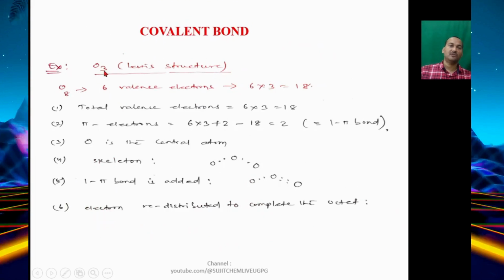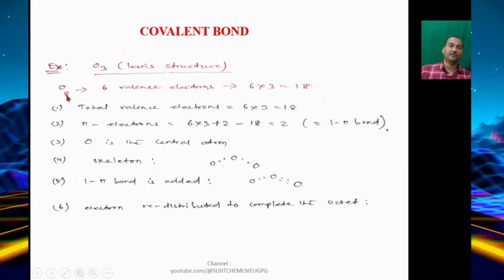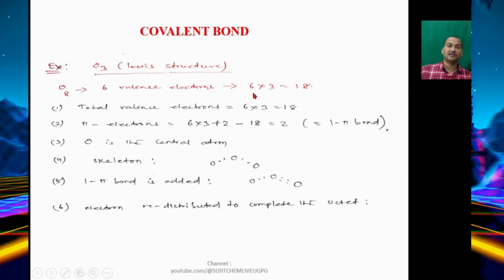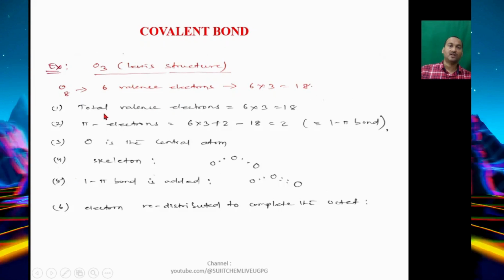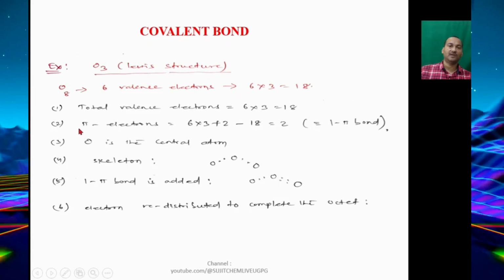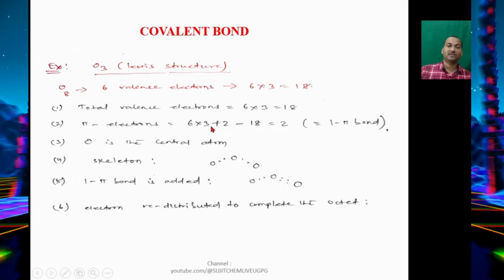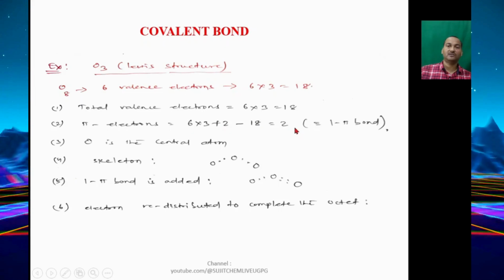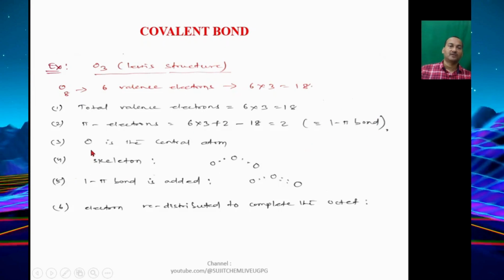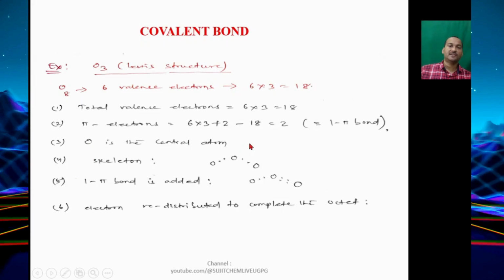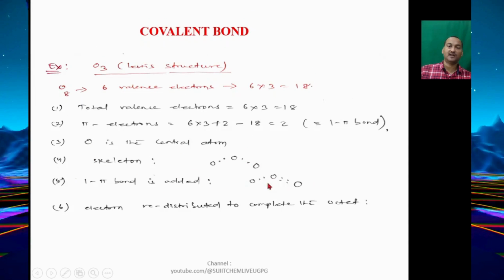So let's talk about O3 molecule, ozone molecule. Oxygen has atomic number 8, so 6 valence electrons. So in O3 we have 18. So total valence electron equals 18, and pi electrons by using that formula: 6 into 3 plus 2 minus 18. So 2. That means 1 pi bond. Oxygen is the central atom and the skeleton is this one, and 1 pi bond is added.